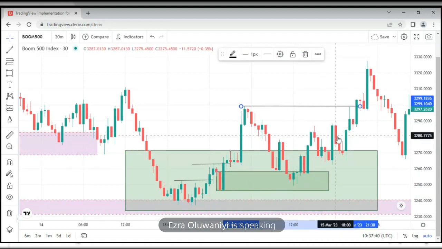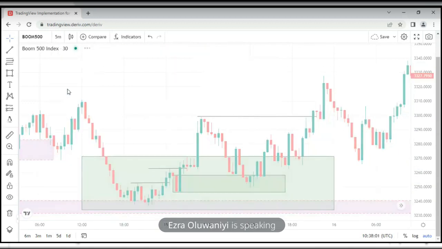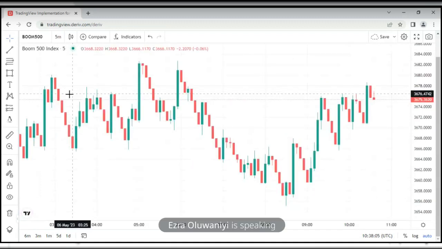All right, so now all these things, I didn't really have time. Maybe I've been busy this year, so no serious time to look at this. Now, let's go and look for this. On 5 minutes, you might not be able to see this, but let's try. As soon as price gets to this M30 zone, let's see what price wants to do. Let's go to M5. All right, so this is M5.